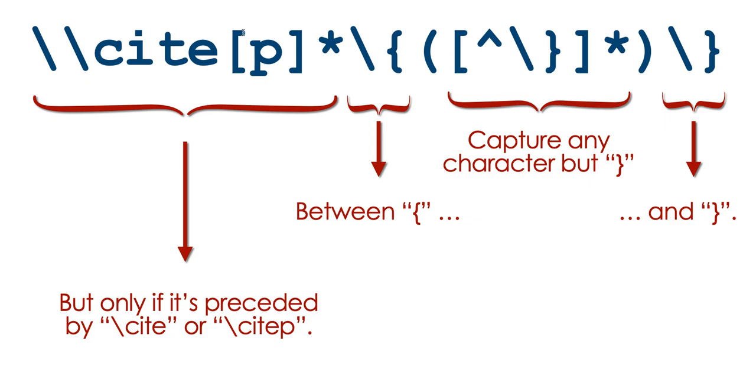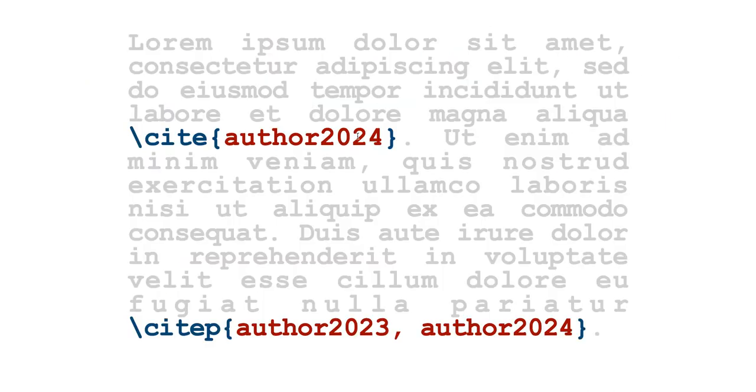So this p present in the square bracket and the star over here denotes that the letter p can occur 0 or multiple times after the cite command. And with this regular expression, we are going to capture everything that's inside of the curly bracket after the \cite or \citep command.